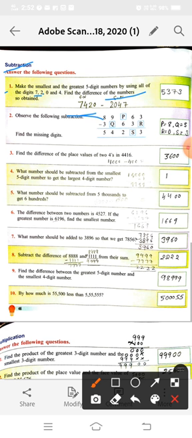So difference will be 5373. This is our greatest number and this is our smallest number. So minus the smallest number from the greatest number, then we will get the 5373.